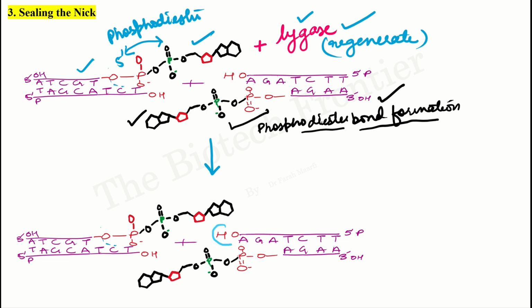The 3' OH group of the nicked DNA strand acts as a nucleophile and attacks the phosphate group of the DNA.